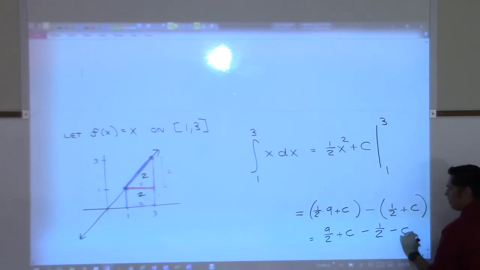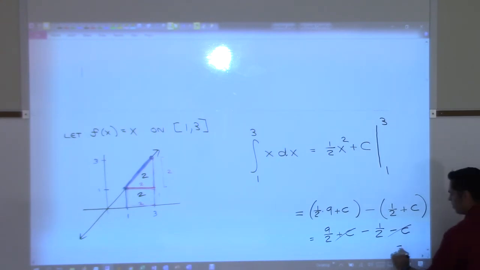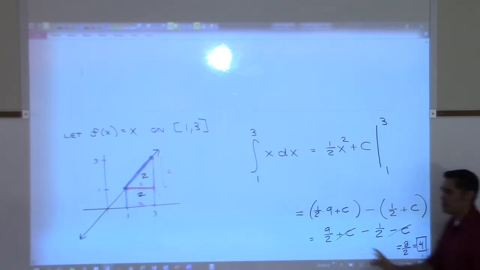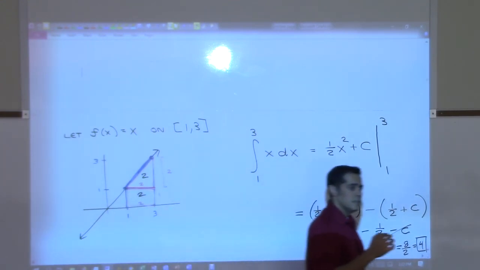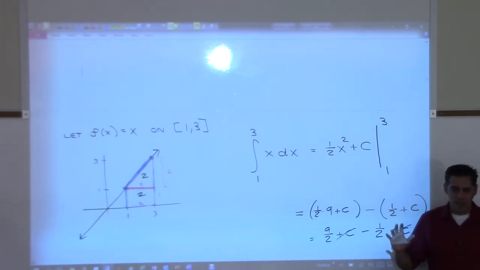Minus c again, right? And the c's cancel. And what are you left with? 8/2, which is 4. So it is not a coincidence that the answer here is also the answer here. That is the fundamental theorem of calculus. All right? And again, I'll treat it more formally when we talk about Riemann sums next class.